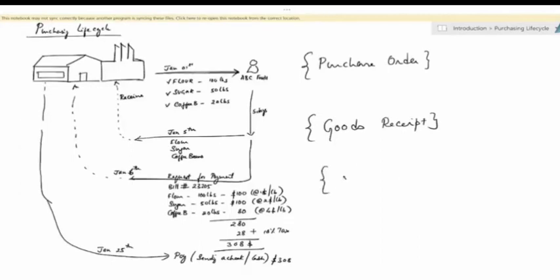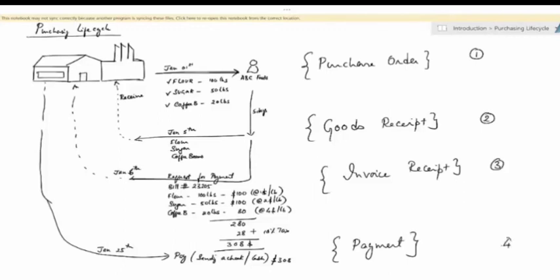The third step is called invoice receipt. You receive the goods and now you receive the invoice. The final step is payment. Step number 1, 2, 3, and 4.